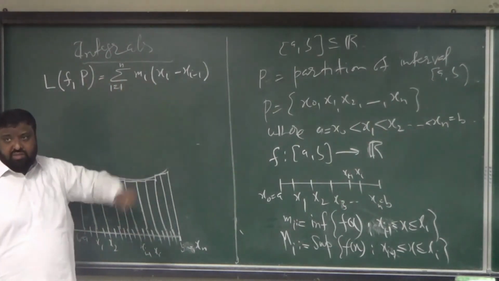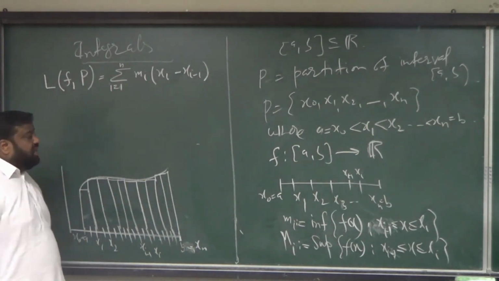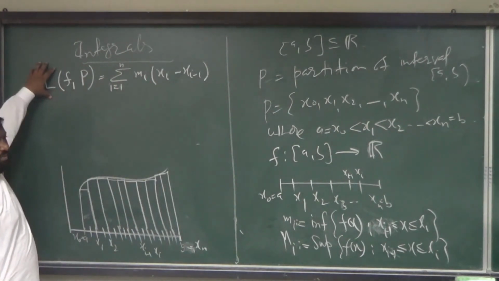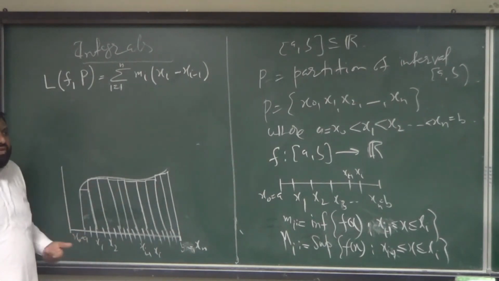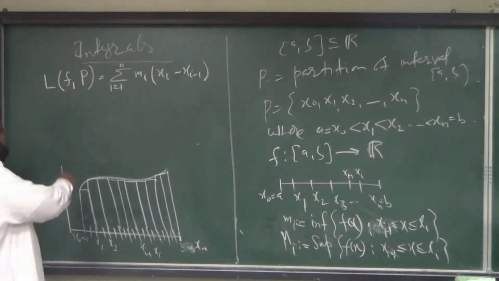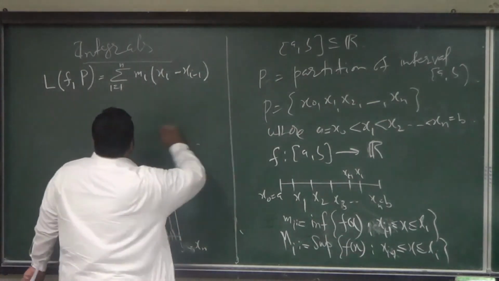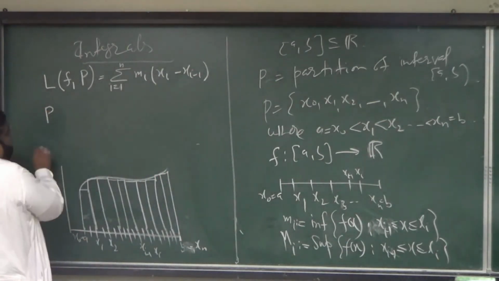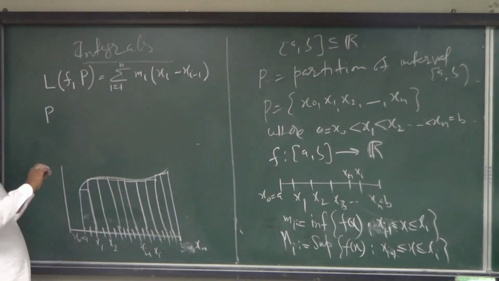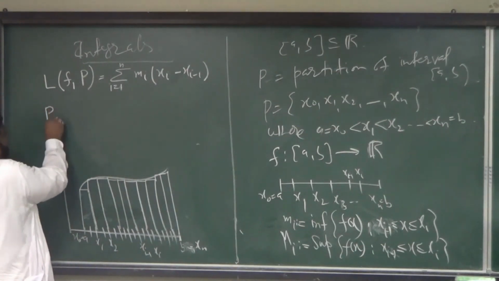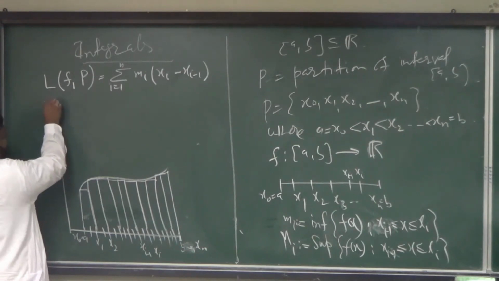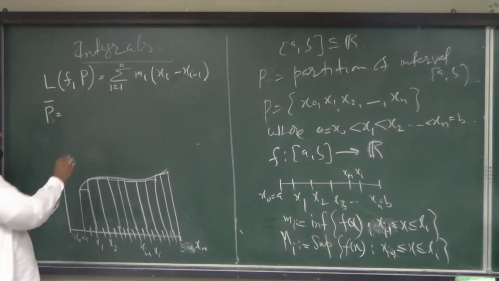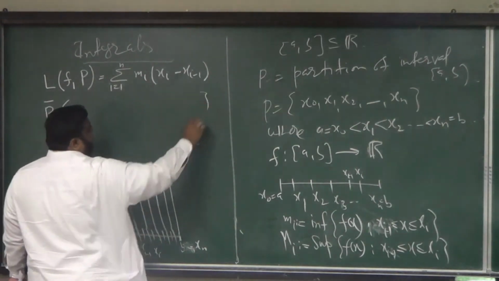But we know that this is not a good approximation of this nonlinear area. So we need to improve the partition. We had previously this partition, and now imagine I'm having a new partition, P bar, which comprises new points.